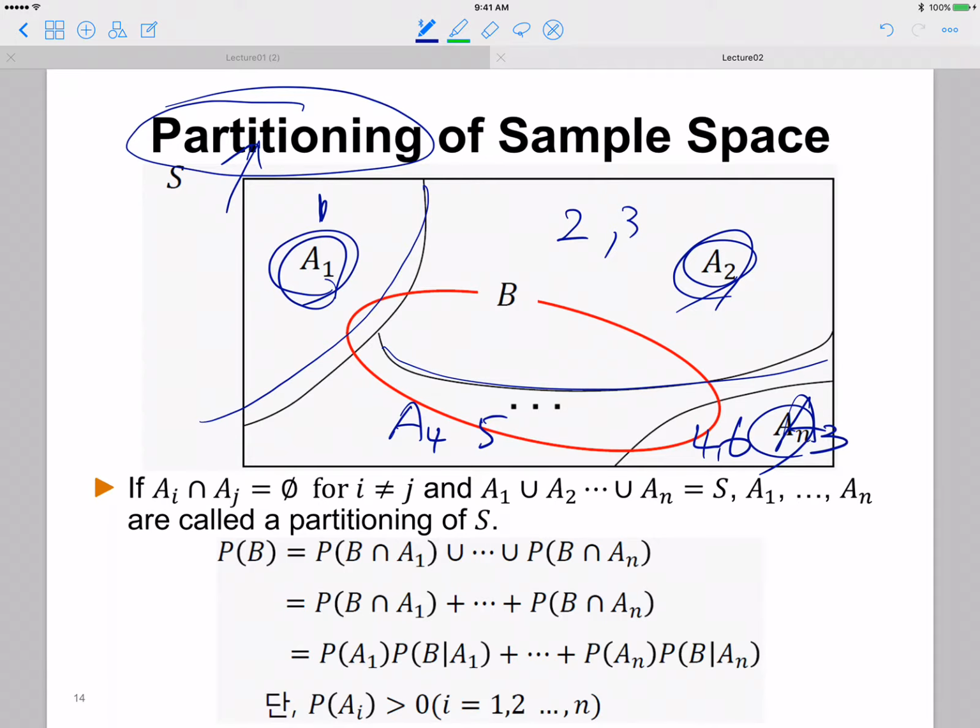In this example, those four events have no intersection, so any pair of them has no overlap. Also, if we consider the union, we cover the entire set that we have for our sample space S. This is called a partition.